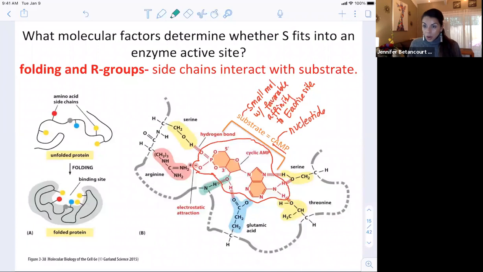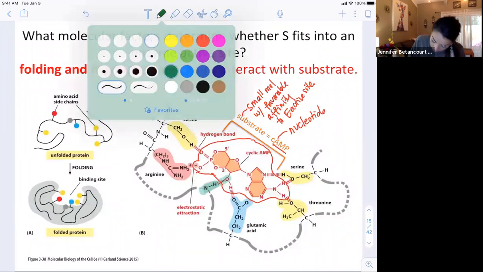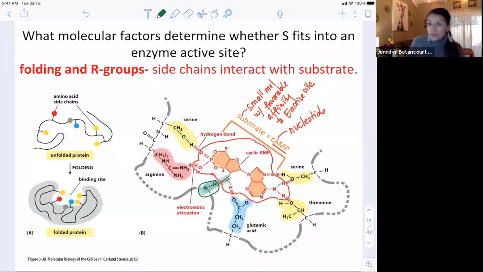That is the amino group of the backbone. This is the backbone. The backbone has the ability to hydrogen bond because this is partially positive and this is partially negative. So the substrate binds not only to the R groups of the active site, but also to the backbone.